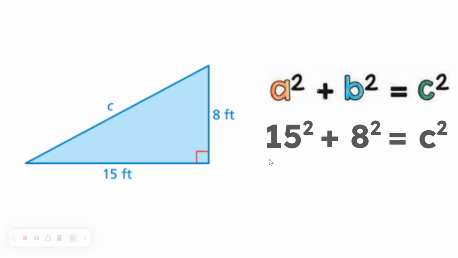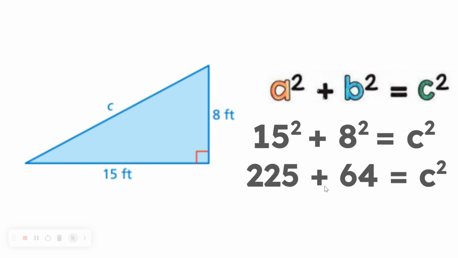So now we have 15 squared, because that's one of our legs, plus 8 squared, also one of our legs, is equal to c squared. We don't know c. This is where we're going to need our calculators. We type 15 and hit that x squared button to get 15 squared, and that gives us 225.